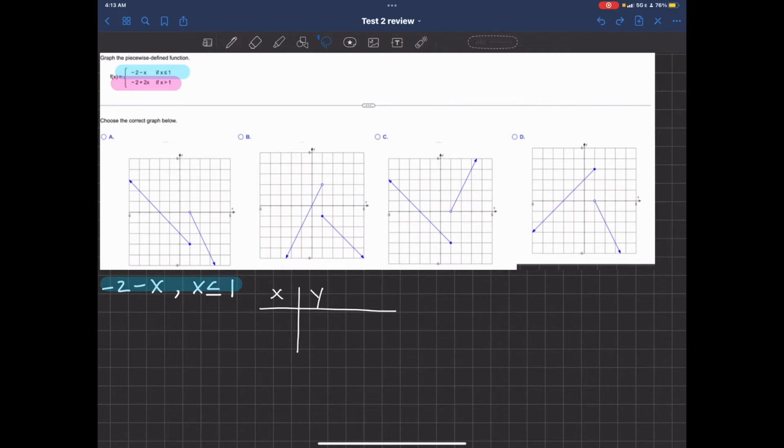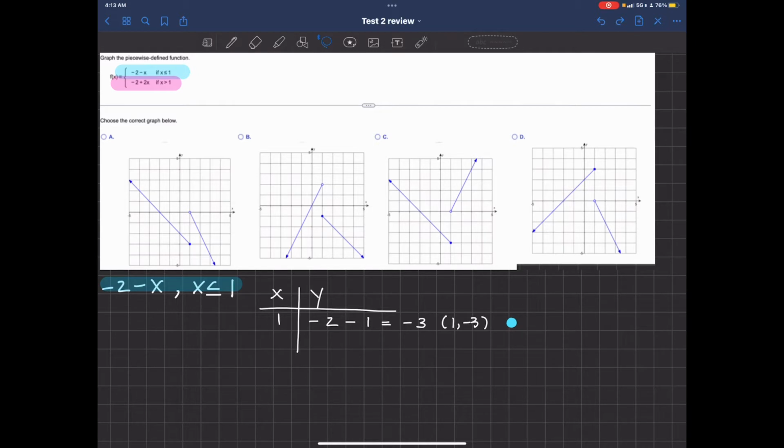So we include the 1, and we say where x equals 1, we're going to input that into the -2 minus x. So I have -2 minus 1 will be equal to -3. And that's going to be an included point. So our ordered pair on the graph is going to be 1, -3. And we're going to have a solid dot for that point.